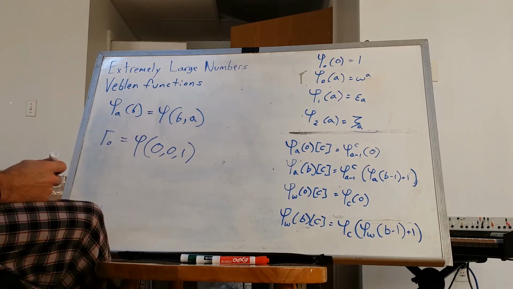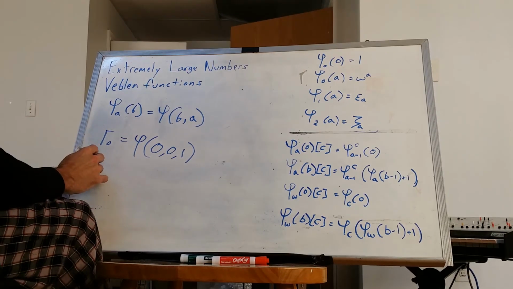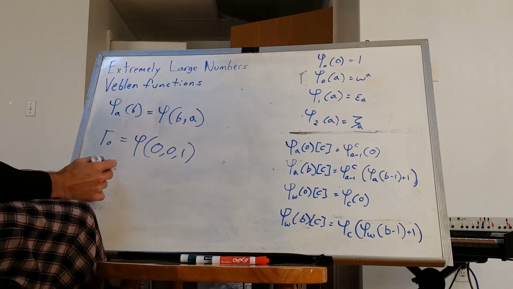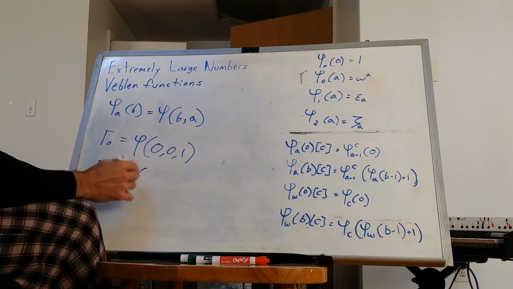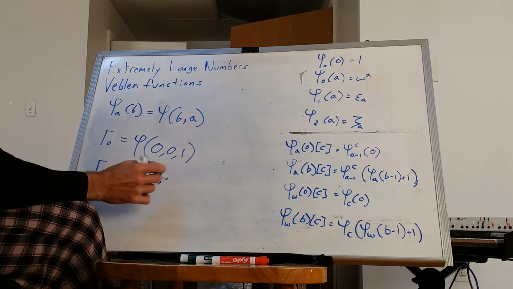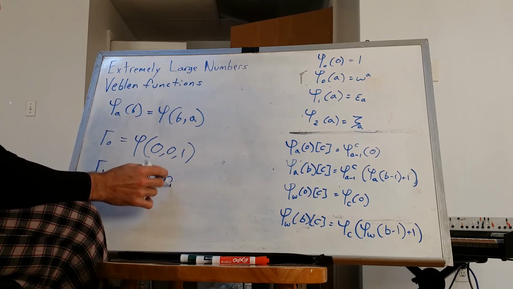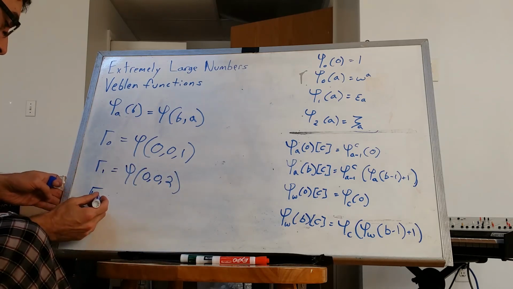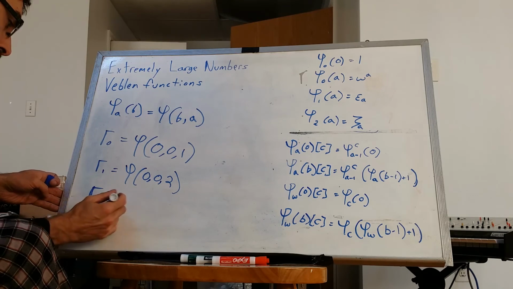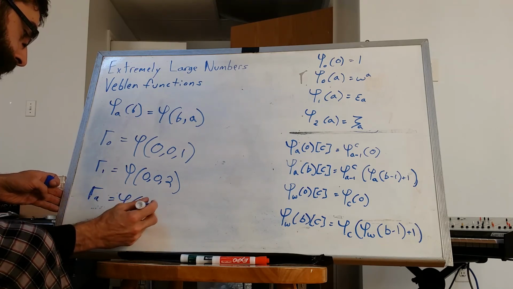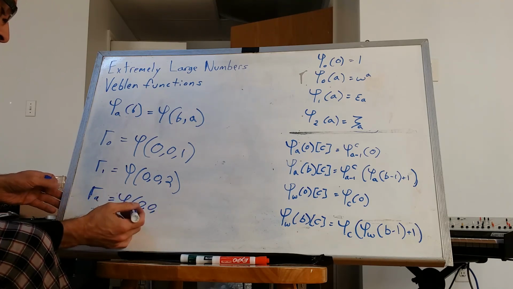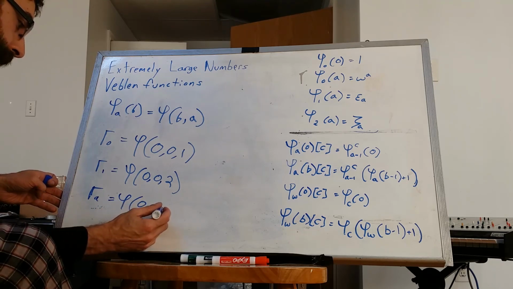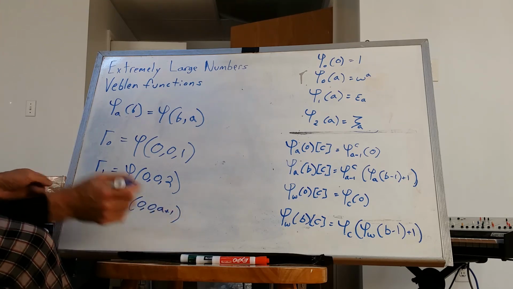And the way we would write gamma 1 would be phi 0, 0, 2. So basically, gamma A is going to equal this three-argument Veblen function with A plus 1 at the end.